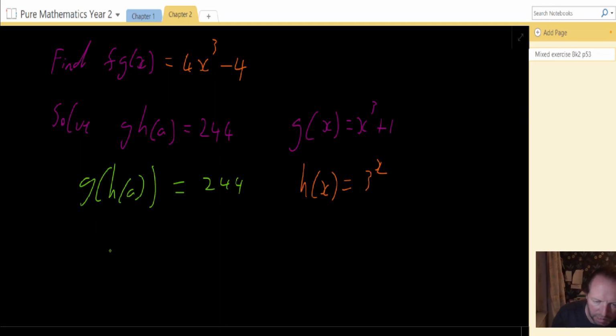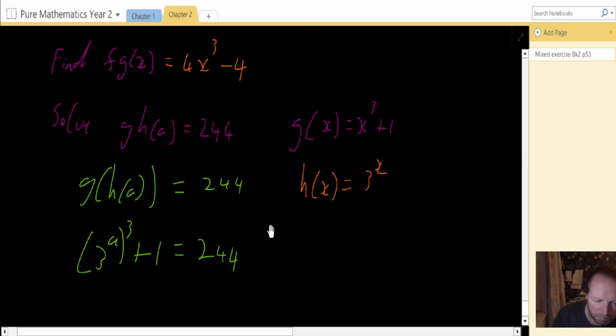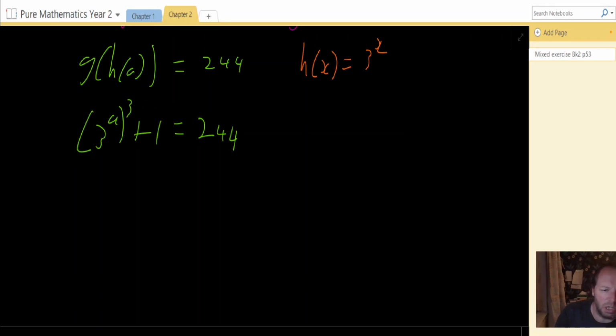So we've got h of a, which is 3 to the power a, going into x cubed plus 1 equals 244. Find a. So we can say that 3 to the power a, cubed, plus 1 equals 244, so move the plus 1 over, 243, because it becomes a minus.